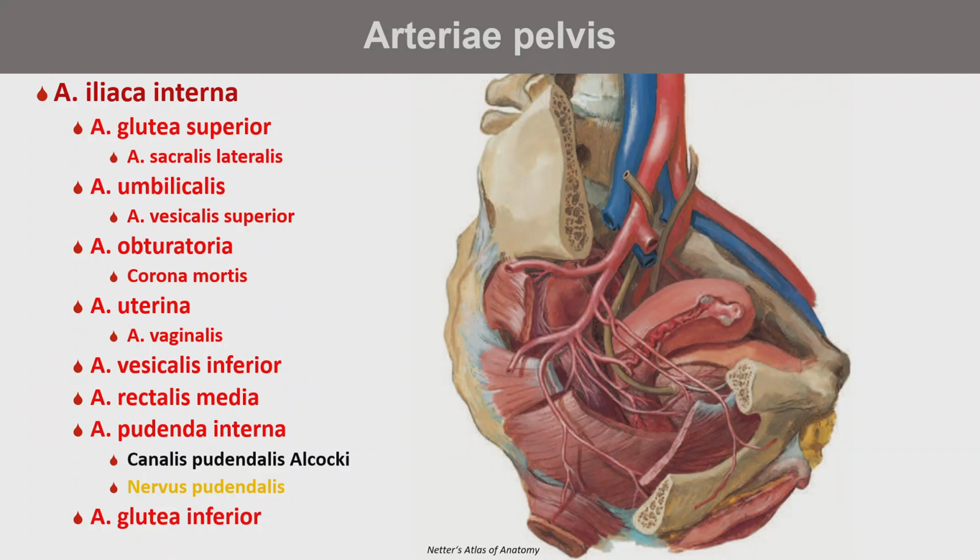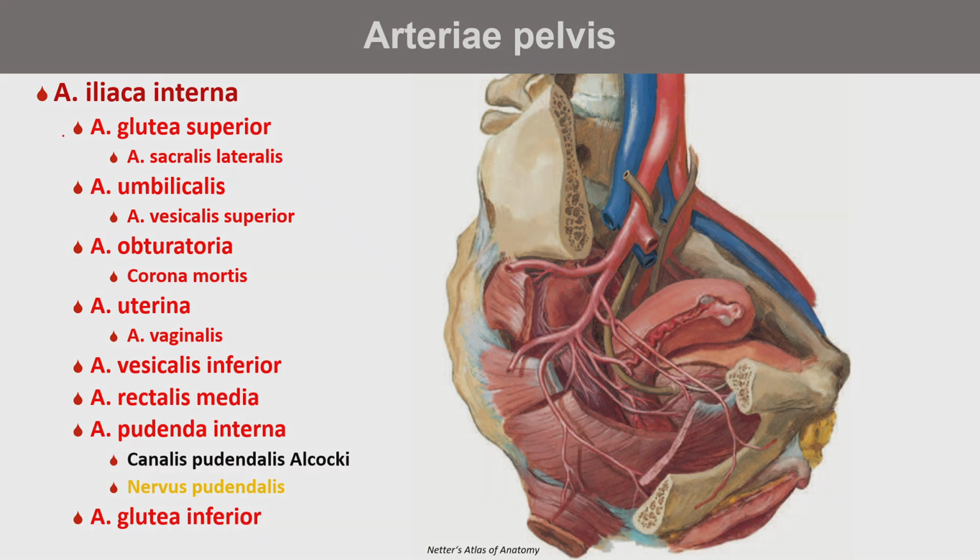Pelvic arteries. This is something important for you to understand, how the other systems are working in the pelvis. The pelvic organs are supplied by the internal iliac artery. They are dorsal and ventral.